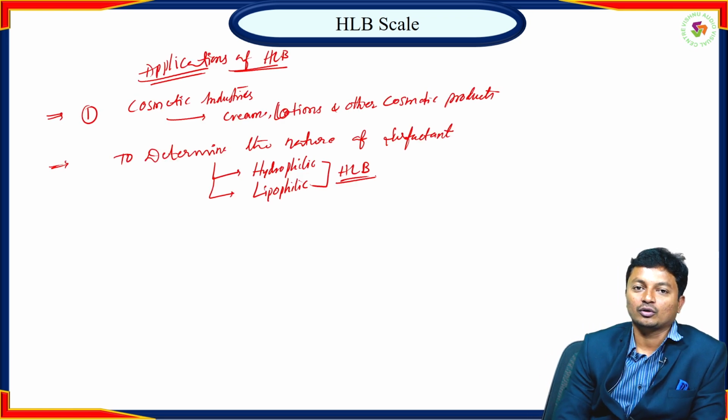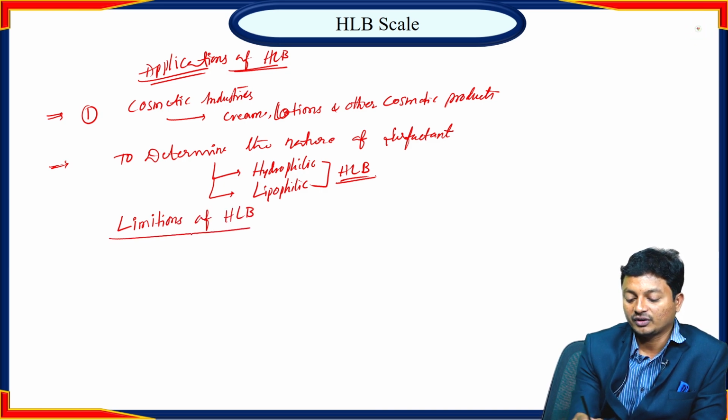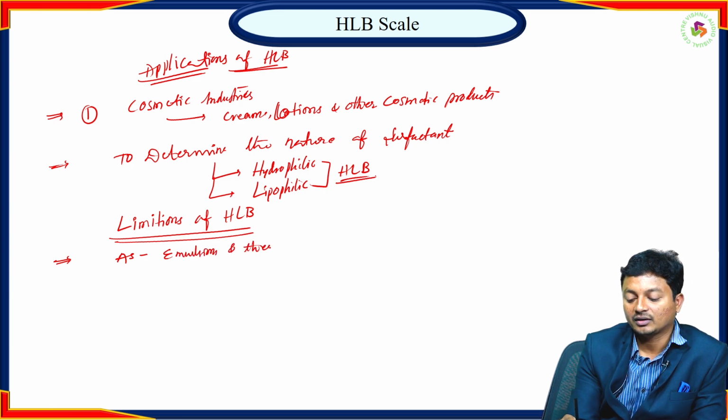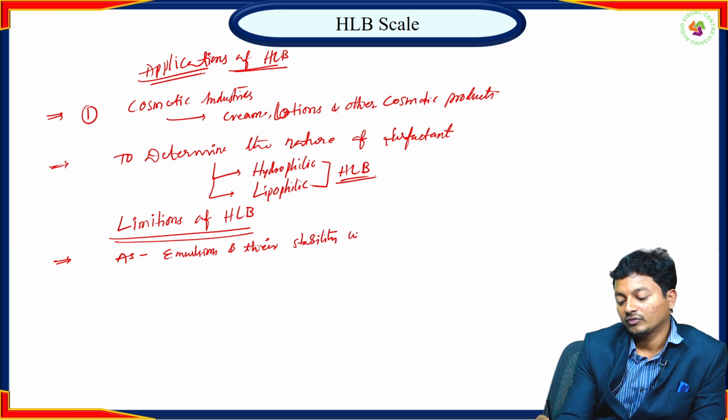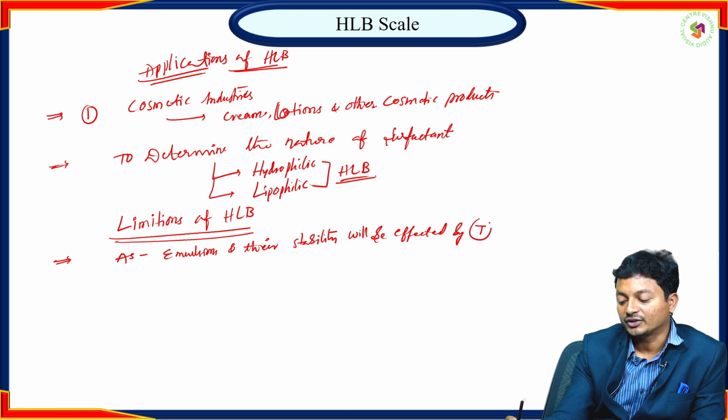Next, limitations of the HLB scale. Here, of course, we will be having some limitations of the HLB scale, where this HLB scale fails to prove some things. As we know, all emulsions and their stability will be affected by the temperature.